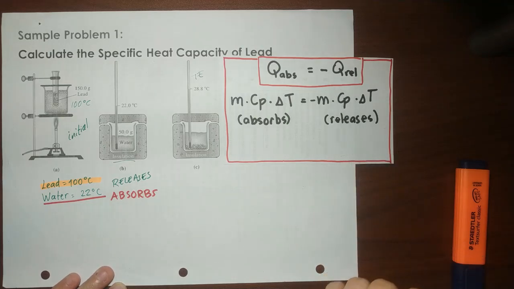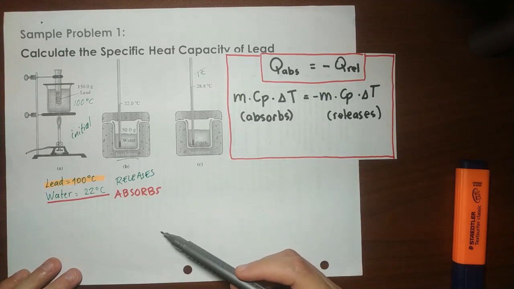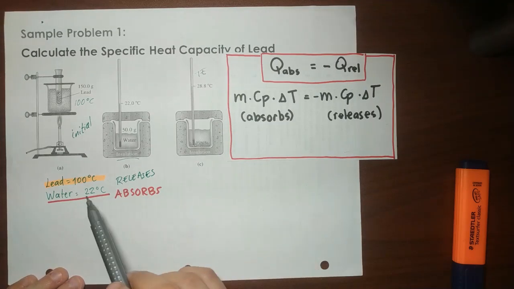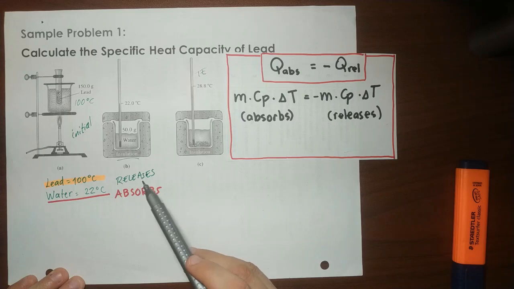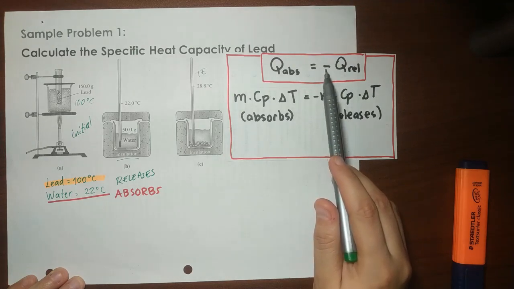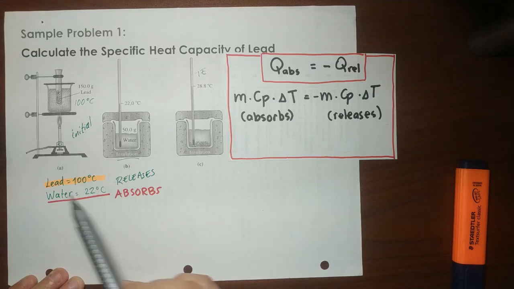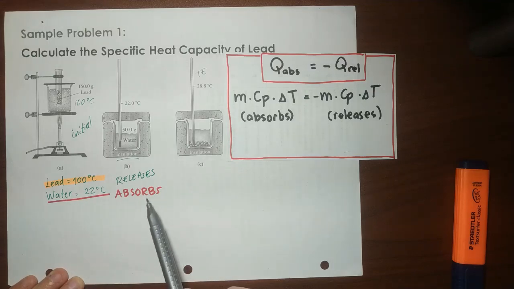Yesterday we were saying that the substance with the greater temperature is the one that releases energy. Therefore, it is the one with a negative because it's losing energy. And the one with the least temperature is the one that absorbs. So, knowing this, you can identify that lead is the one that releases and water is the one that absorbs.